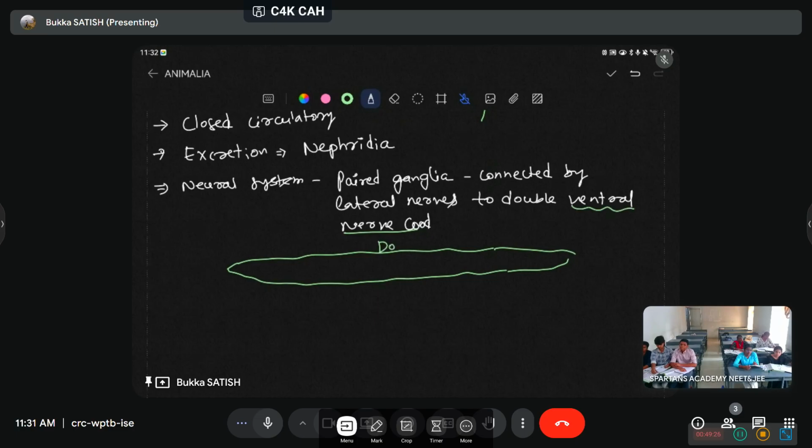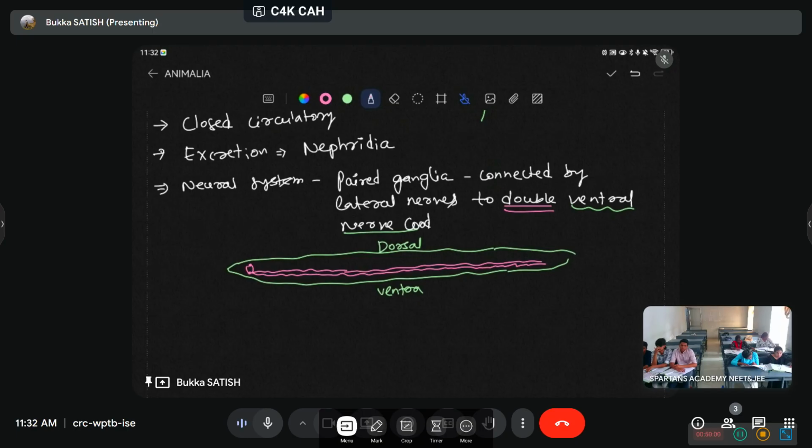As we know, this is the dorsal side of the body, this is the ventral side of the body. The nerve cord is ventral, and also it is double. So you can see paired ganglia connected, and you can see a double ventral nerve cord like this. But in the case of Chordata, in the vertebrata, we are going to see a single dorsal nerve cord.